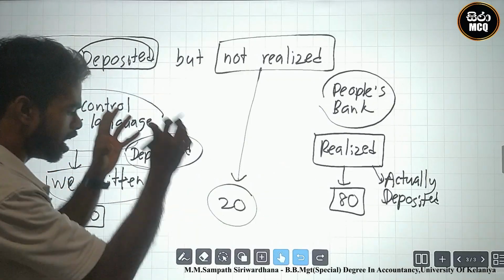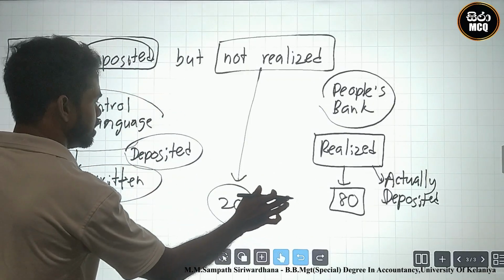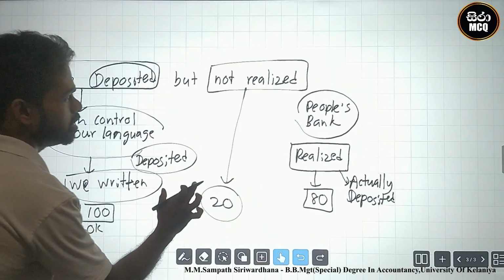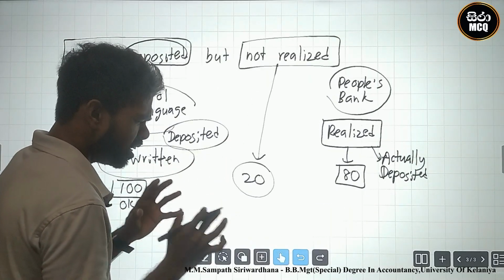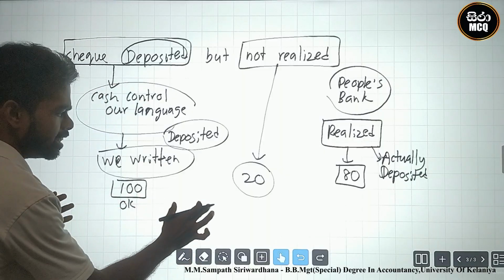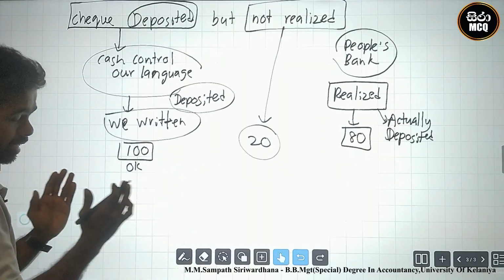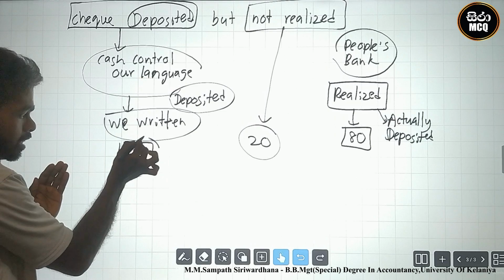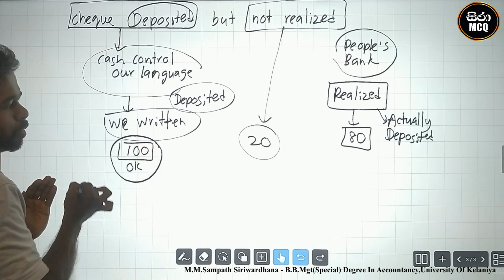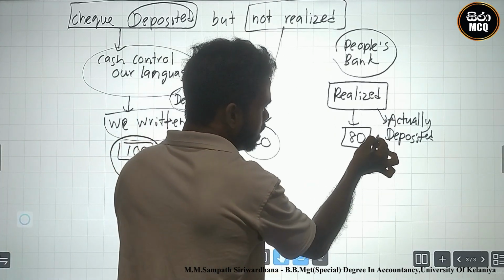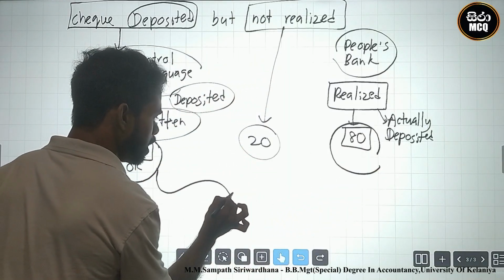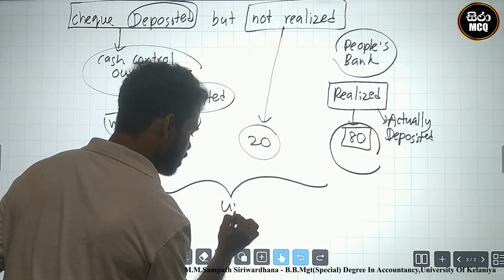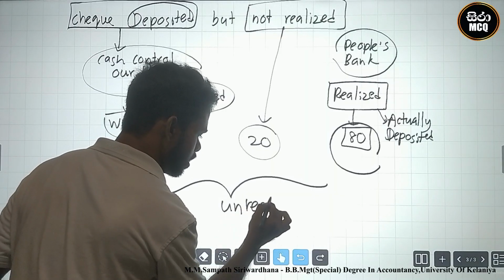The difference is unrealized checks. You can identify this gap between our account deposited amount and the bank account deposited. The gap is unrealized checks.